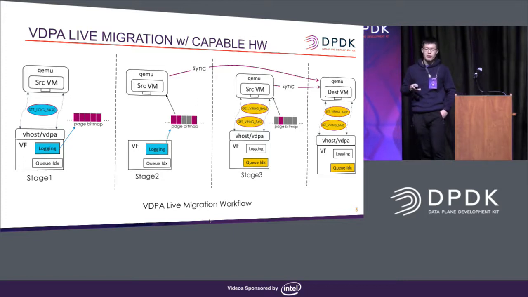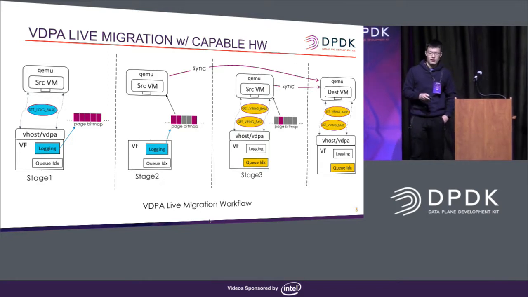After a period of time, QEMU will find that there is only a small number of unsynced pages, so it decides to suspend the VM and stop the vhost. It sends a message of get VM back to the host backend to collect some hardware internal index, and then it will try its best to synchronize the remaining dirty pages to the destination site.